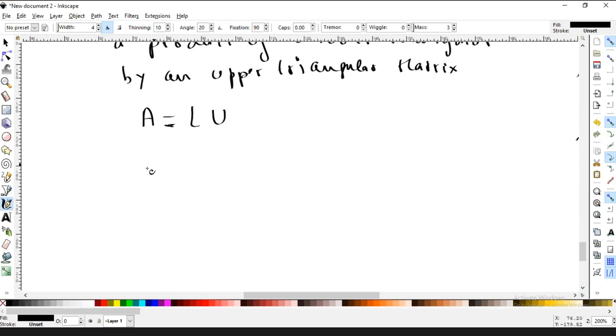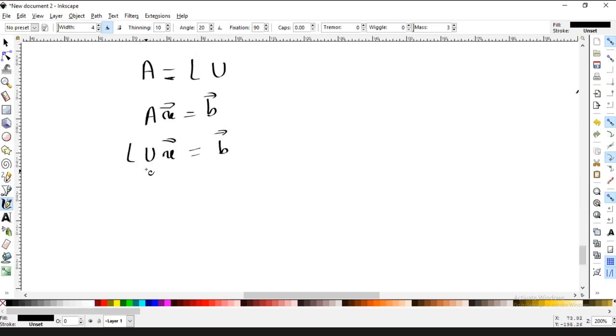and then you get your answer. So if I have AX equals B, and I express my matrix A as a product of LU, then LUX equals B. Now if I call UX the vector Y, then I get two equations.